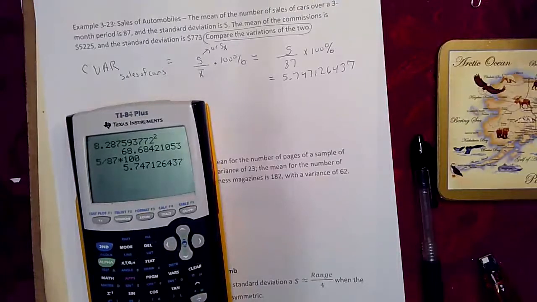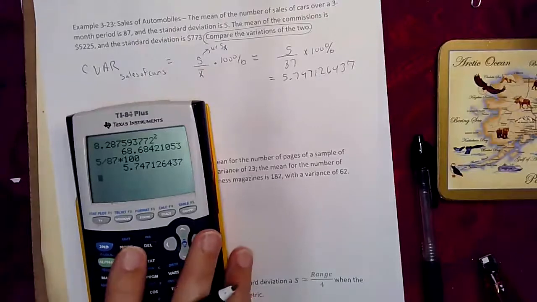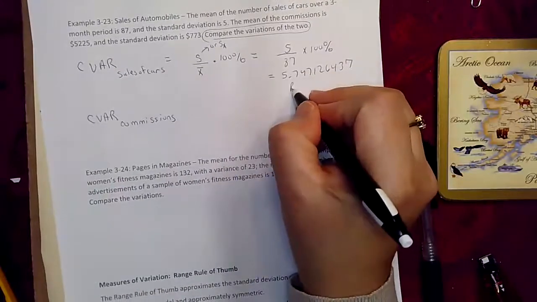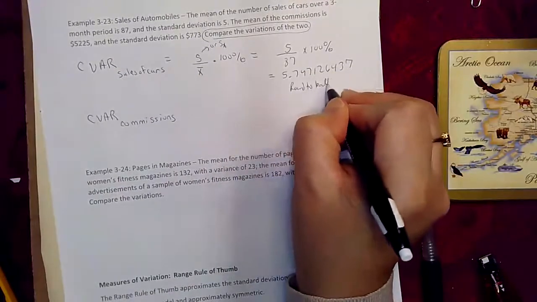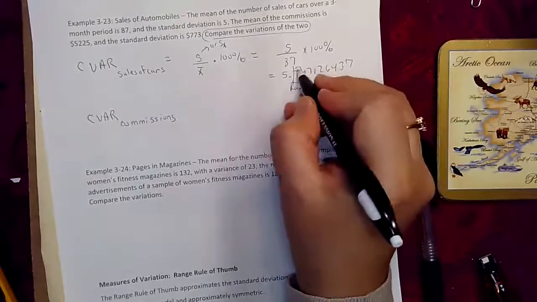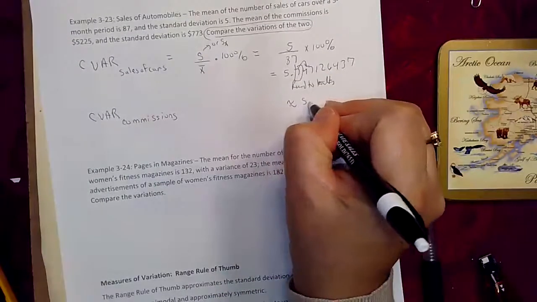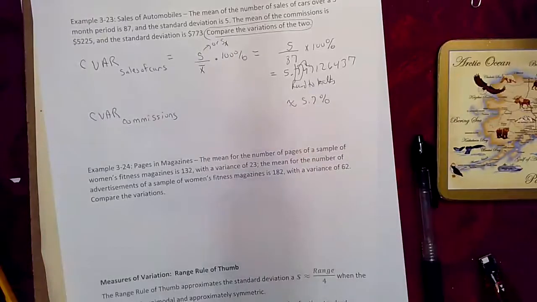But as a rule of thumb, when the means given are like counting numbers, we round to the tenths place. Look at the neighbor to the right, is that 5 or more? No, so we'd have about 5.7% for that.